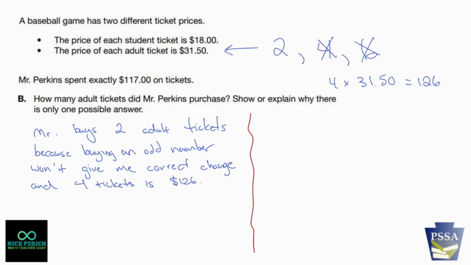So me showing my work over here, buying 2 adult tickets is going to be $63.